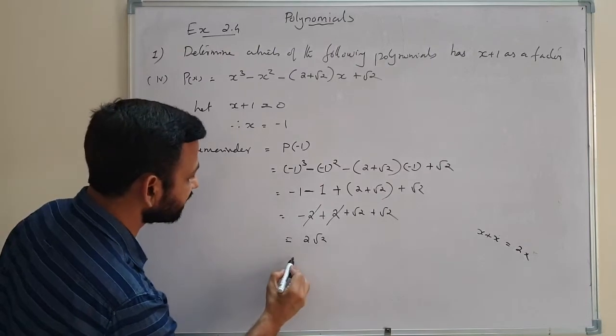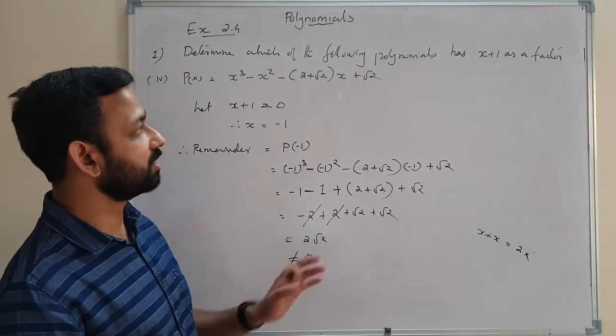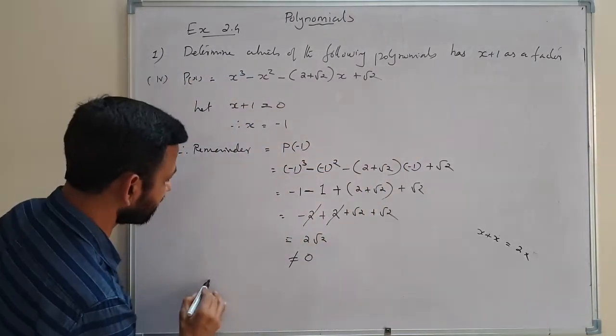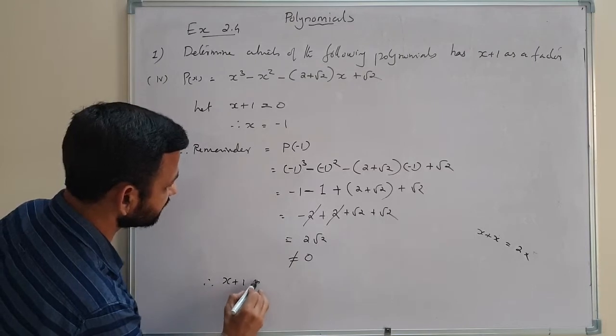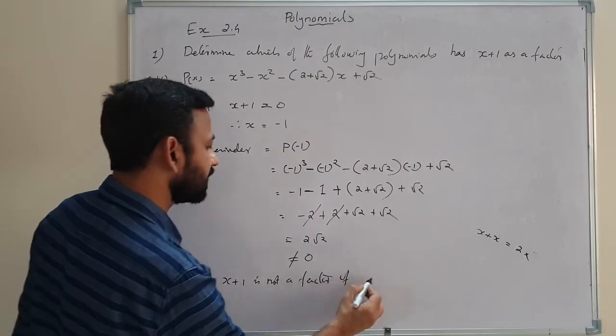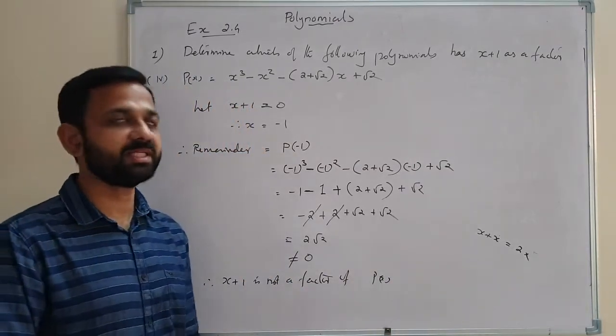And here the remainder is not equal to 0. If the remainder is not equal to 0, we can say that x plus 1 is not a factor of this polynomial. Therefore, x plus 1 is not a factor of that polynomial p of x. So that is the method.